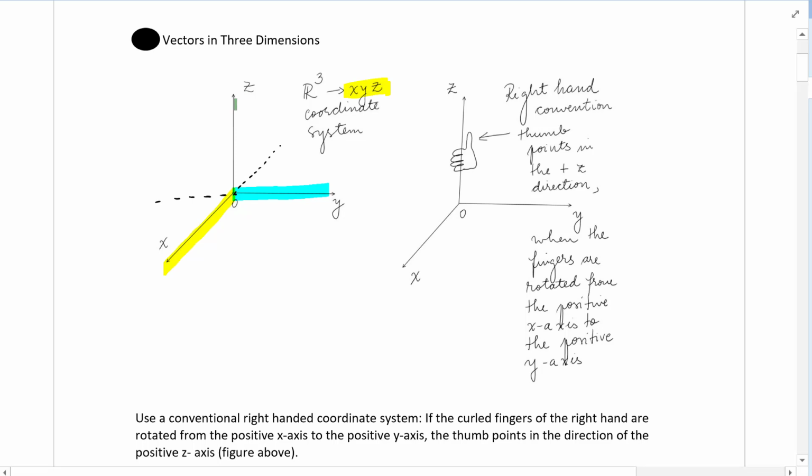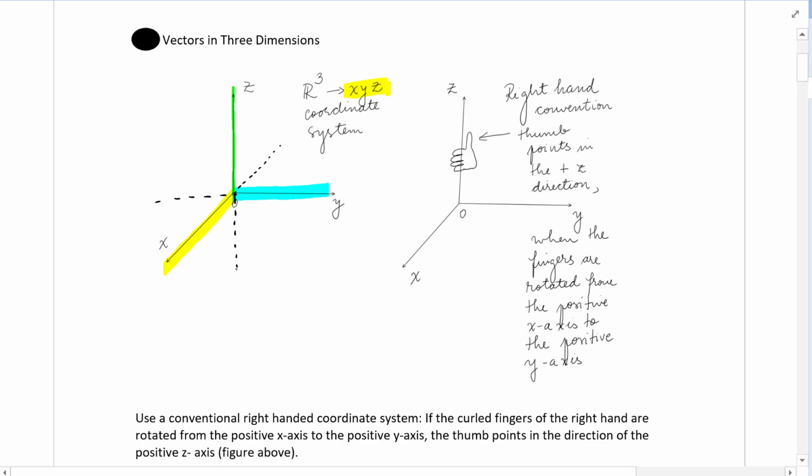And OZ, the positive one, and going down here it would be the negative direction of Z. The space XYZ is divided into 8 regions called octants.